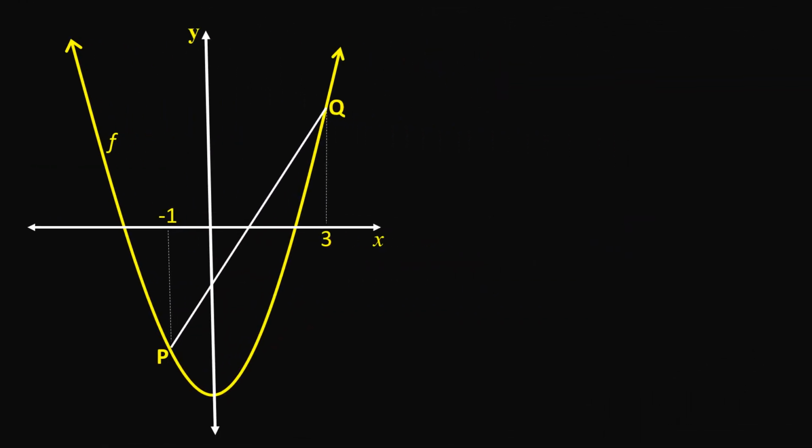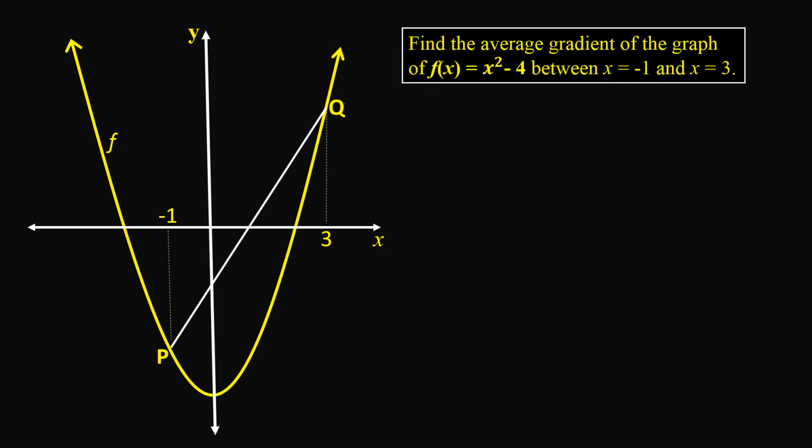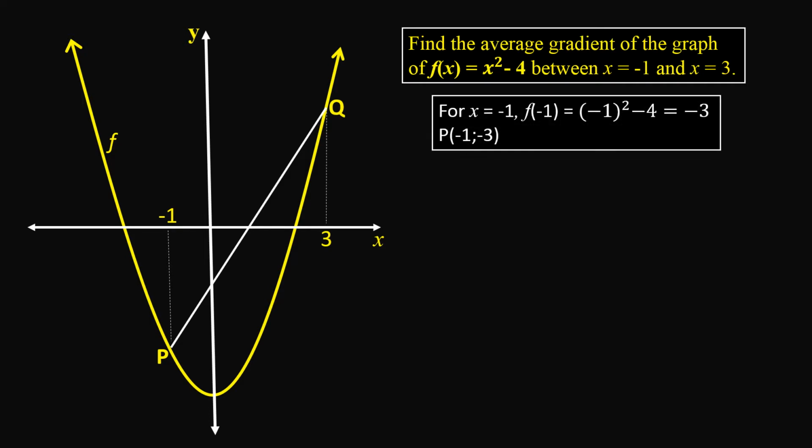Here is a parabola. Find the average gradient of the graph of f(x) equal to x squared minus 4 between x equal to minus 1 and x equal to 3. So we can see the line PQ, but we do not know the y values.